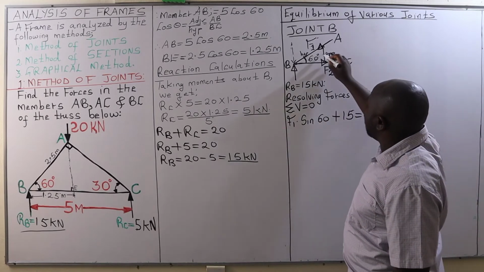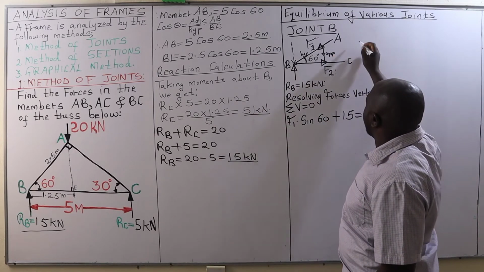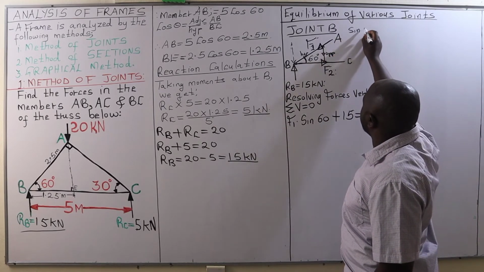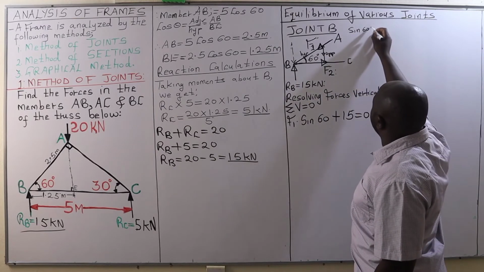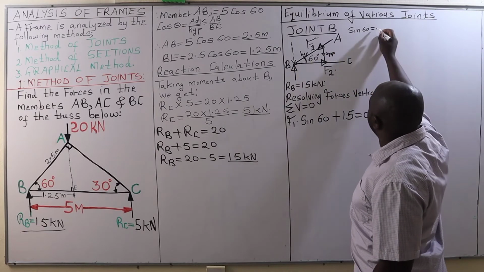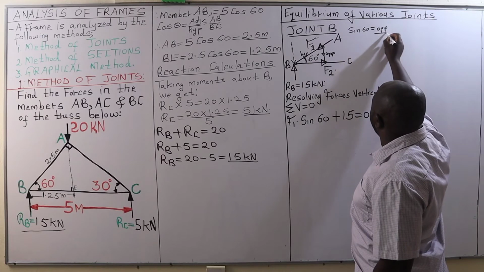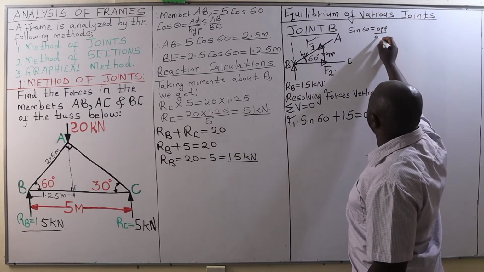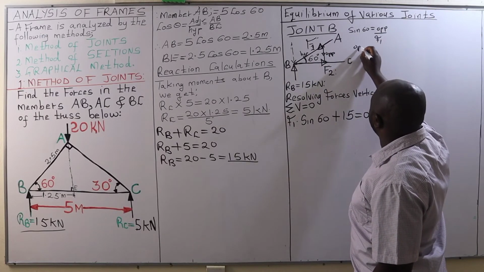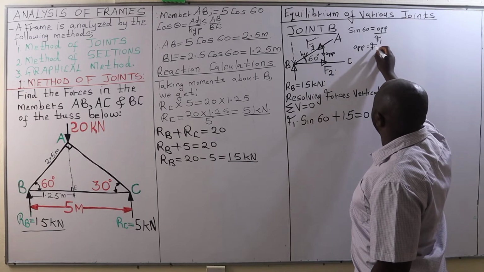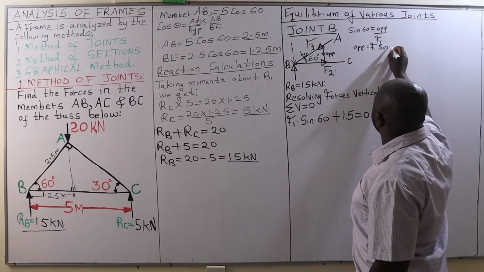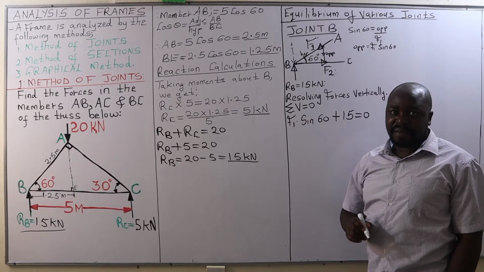So sine 60 is opposite divided by hypotenuse, and therefore the opposite will be given by F1 sine 60.